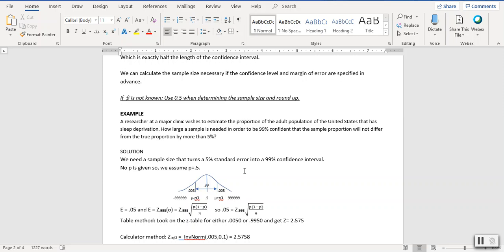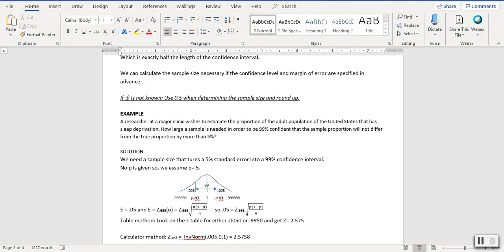So let's see, 1 minus 0.99, you divide that by 2, and then you just add to alpha, 0.995. So 1 minus 0.99 divided by 2. Yeah. This may be a little off in terms of how I mentioned we can get the z-score.